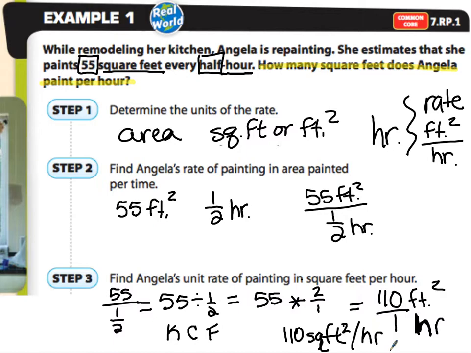Okay. So essentially what we're trying to do is get rid of whatever's on the bottom, not get rid of it, but turn it into a 1. So you're turning the rate into a division problem, and once you solve it, finding your rate from the division problem.